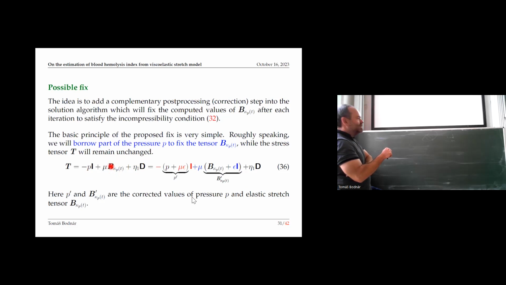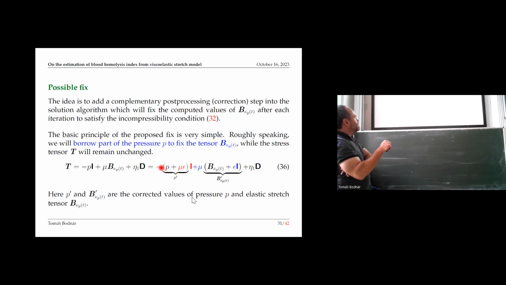So the trick is that I would like to have the determinant of B equal to 1, and it is not. So what I will do is that I will borrow part of the pressure, and I will add some, let's say, epsilon times the identity tensor to my already existing stretch tensor here. So I will simply shift the diagonal elements of this tensor by some small epsilon that I borrow from pressure.